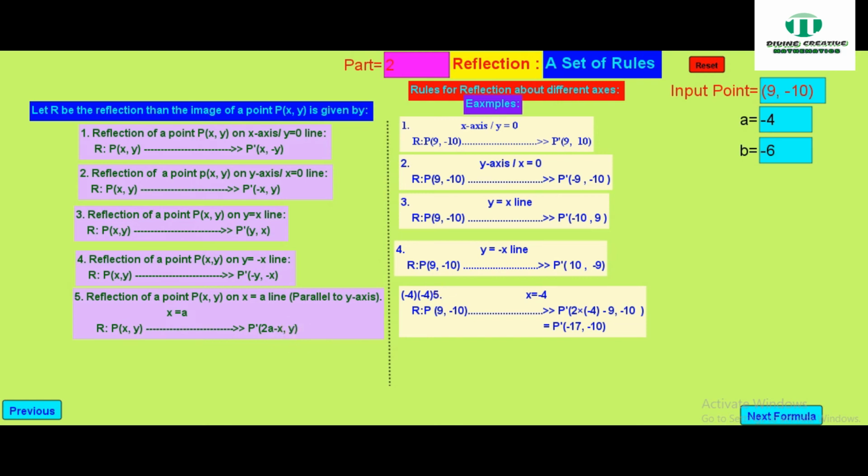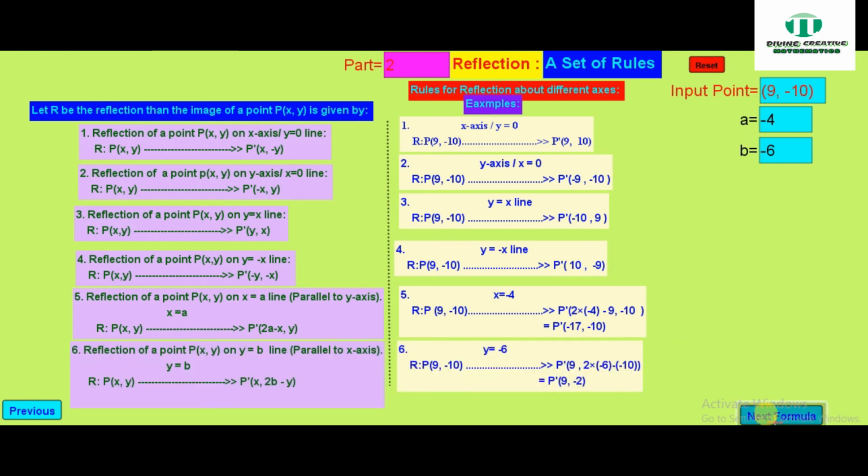For example, we have a point P (9, minus 10), and the image of this point on the line x equals minus 4, the axis of reflection: 2 times a, which is minus 4, minus x, which is 9. So you write the 9, and minus 10 is as it is. The product of 2 and minus 4 is minus 8, and the sum of minus 8 and minus 9 is minus 17, and minus 10 is as it is.